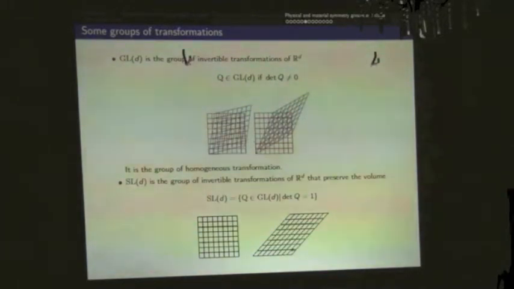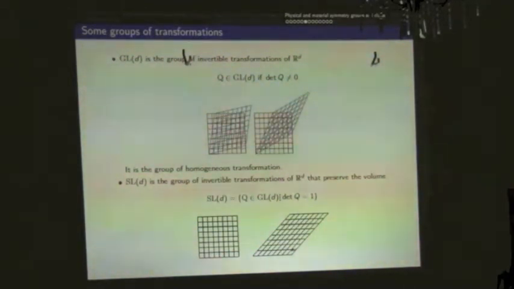Okay, so for GL we just ask the transformation to be non-singular, but we can impose further restrictions. One further restriction can be to set the determinant equal to 1. In such a case, the meaning is you want to preserve the volume within your transformation.